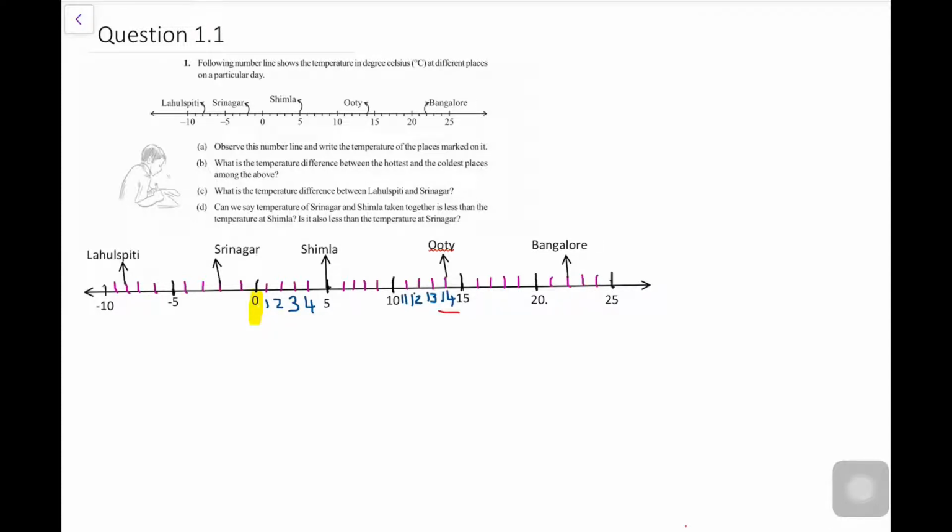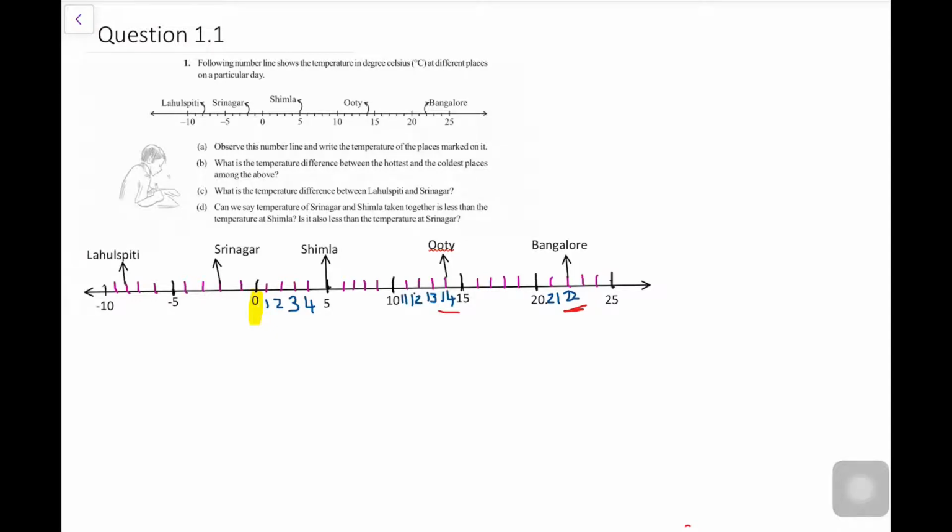Ooty corresponds to 14 degrees Celsius. And then I will mark after 20 now, because my next place is Bangalore, which is located between 20 and 25. After 20, you have 21, 22, and you can stop there because Bangalore's temperature is already here. Bangalore is at 22 degrees Celsius.